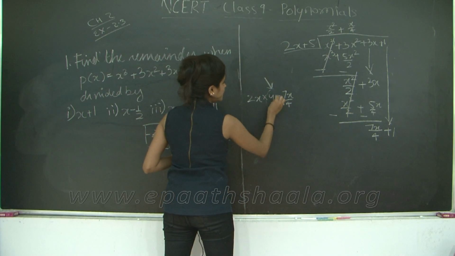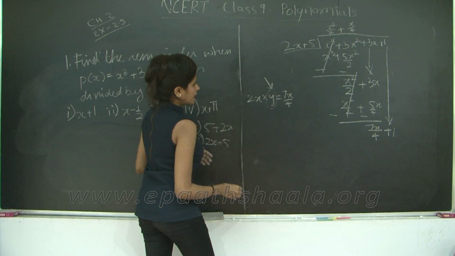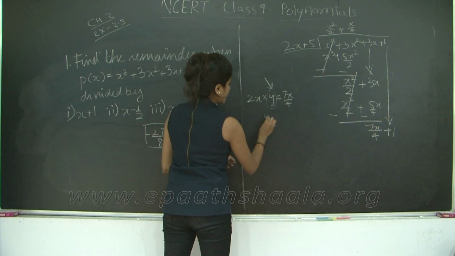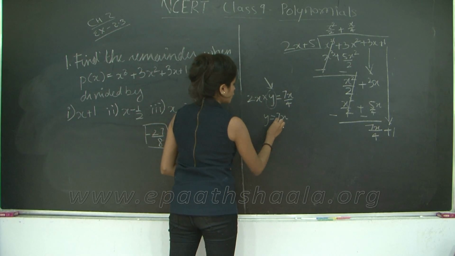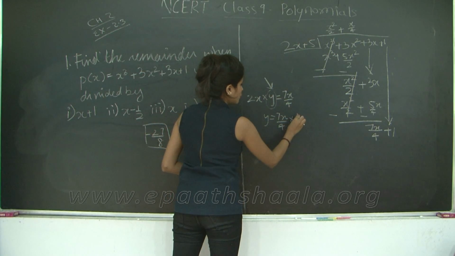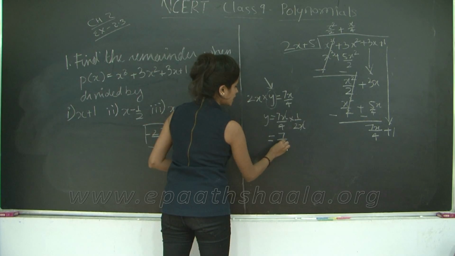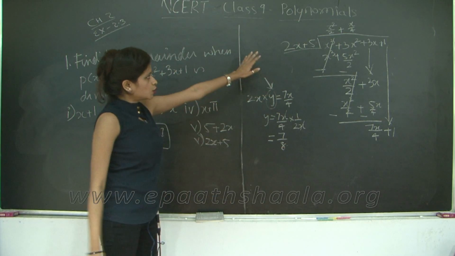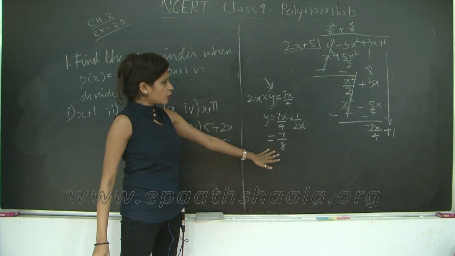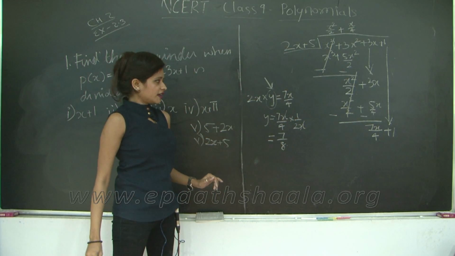Since you want to find this term, you keep it as it is. So y is going to be 7x upon 4 into 1 upon 2x. So x and x cancel out. This gives me 7 upon 8. So 2x plus 5 into 7 upon 8 is going to give me 7x upon 4.